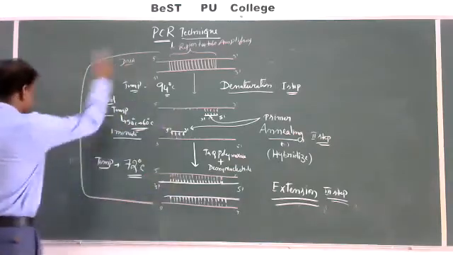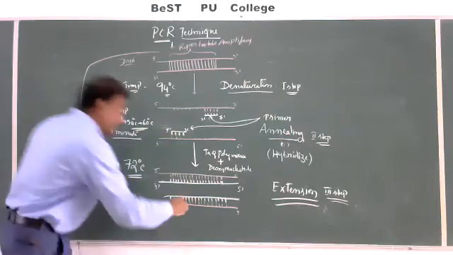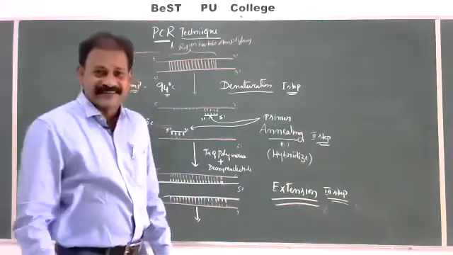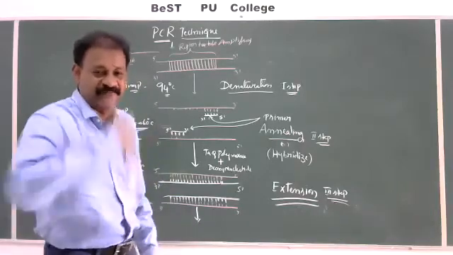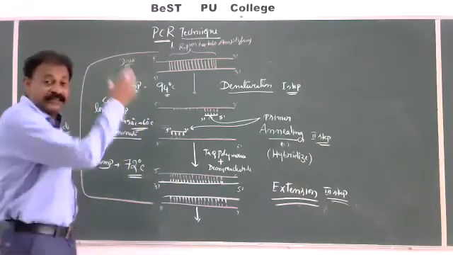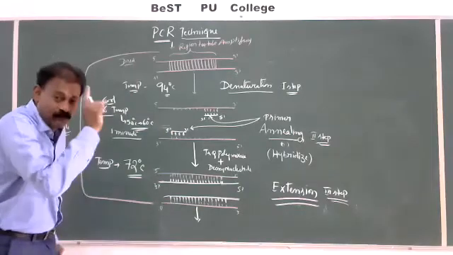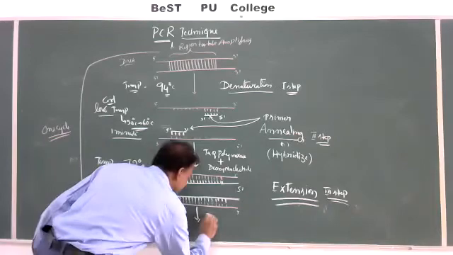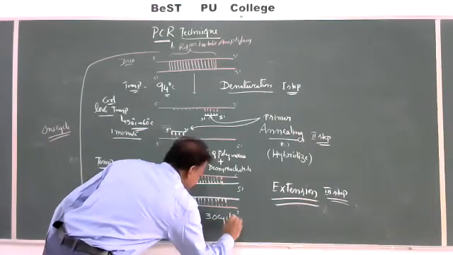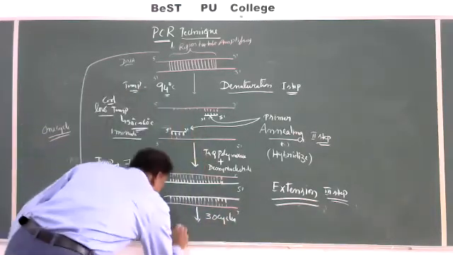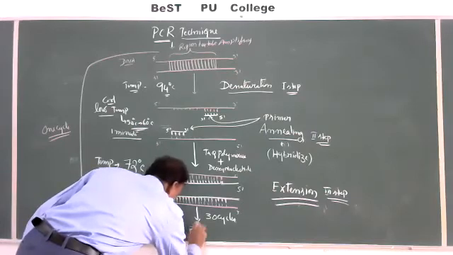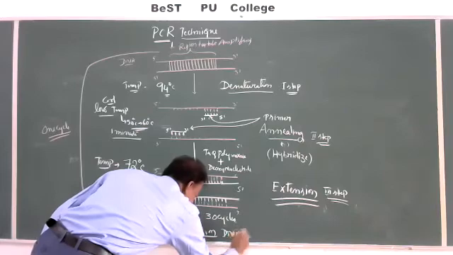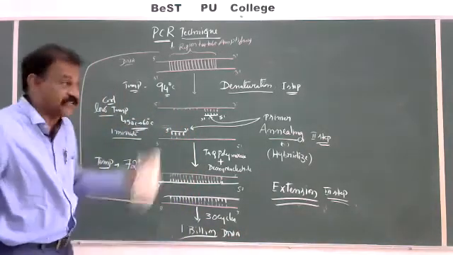And if the same one cycle is repeated many times, second cycle, third cycle, fourth cycle, fifth cycle, in this device, in one day, there is a possibility of 30 cycles, which can produce approximately 1 billion DNA molecules, that is DNA pieces or gene of interest.